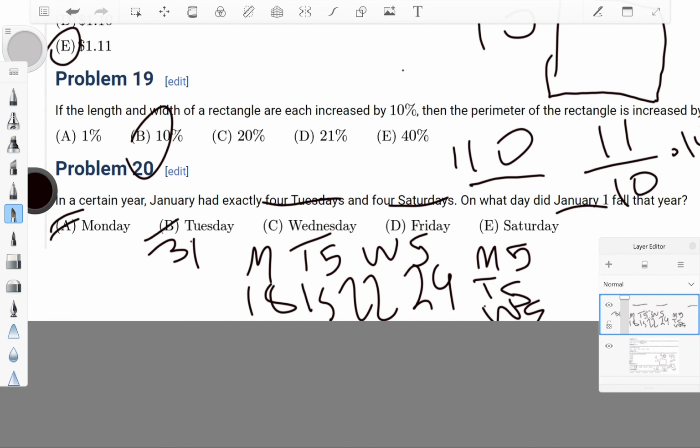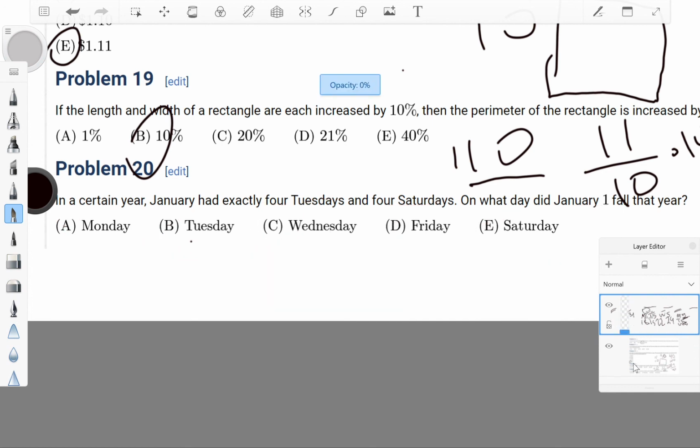Saturday, it's not. Friday, it is not because Friday's 1 day away from Saturday. So if it starts on Friday, there's going to be 5 Fridays and then 5 Saturdays. So it's not D, therefore it is C. There we go. That's just dandy.